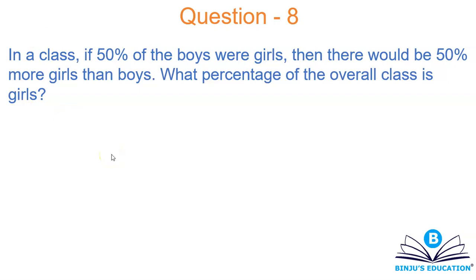So in a class, if 50% of boys were girls, then there would be 50% more girls than boys. What percent of the overall class is girls? So let's first do one thing.